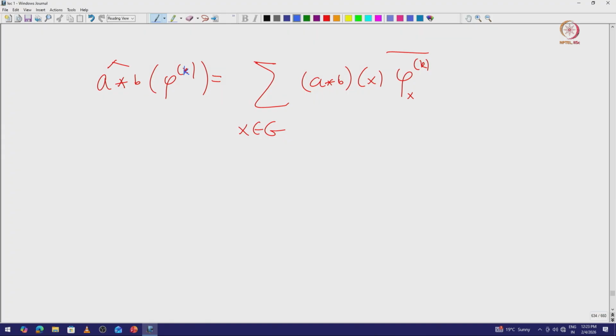Now if we rewrite this, this is going to be summation x in G phi x k bar times summation.